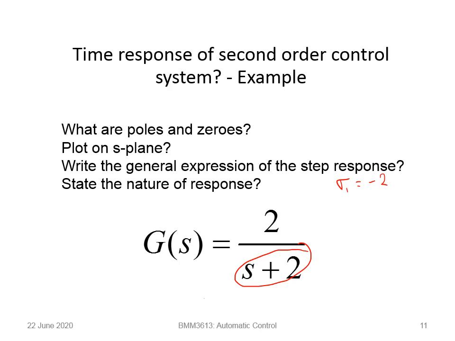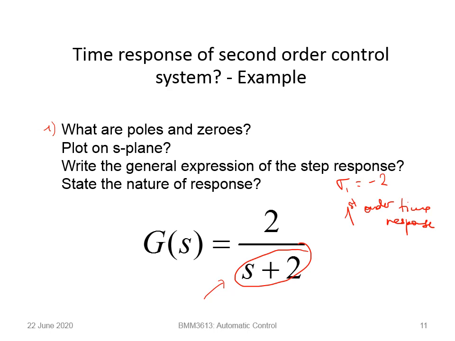We know that the polynomial we have here is a first order polynomial, so this is not a second order time response. We will have a first order time response. As a first order time response, we'll do it point by point. The first is to ask what the poles and zeros are.